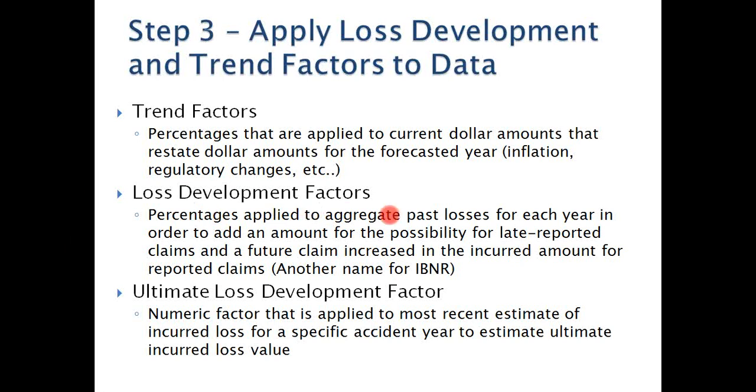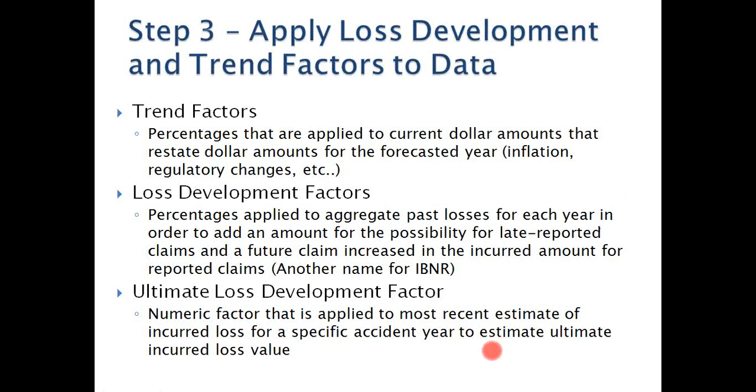The loss development factors, as we mentioned, are percentages applied to aggregate past losses for each year. And we'll see this is basically a loss development factor. I mentioned, for university it's 2.71. And the idea is that whatever we end the year in at 12 months, if we multiply that factor, that's going to be our loss development factor.